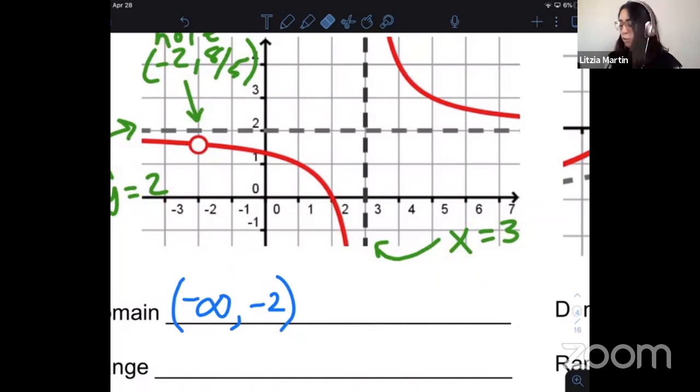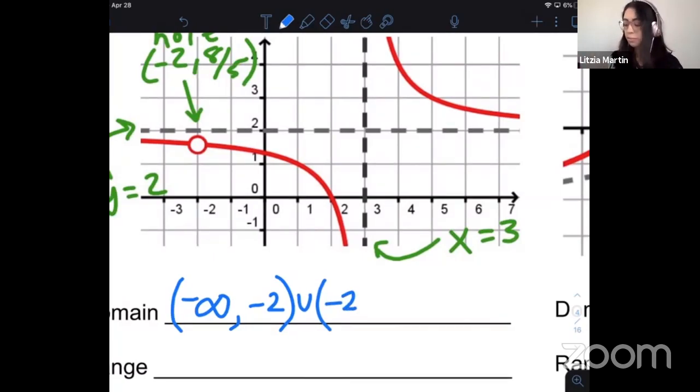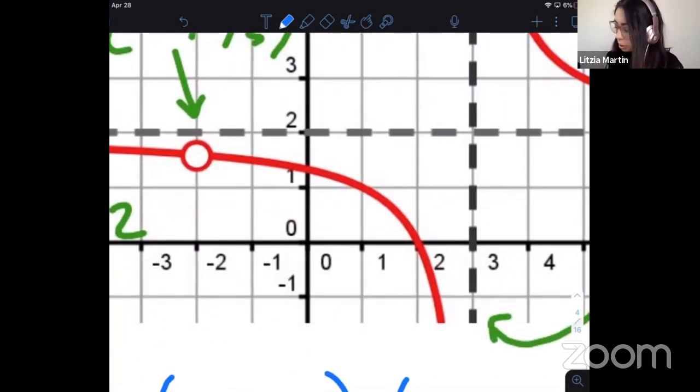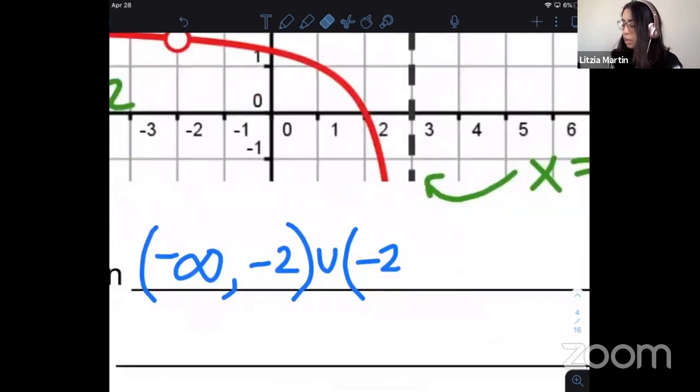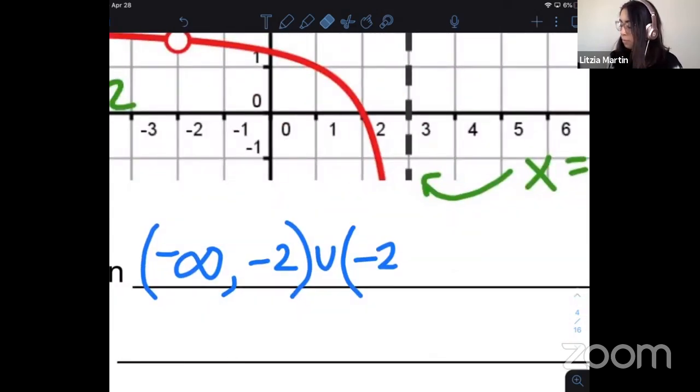And then after -2, we're going to union it. And again, we're going to start it at -2 for the same reason. We don't want to start at -1 because then there's that whole little gap that we'll be missing. So we want to start with -2, but not include -2. And then we're going to go all the way up to +3, because +3 is where the vertical asymptote is.